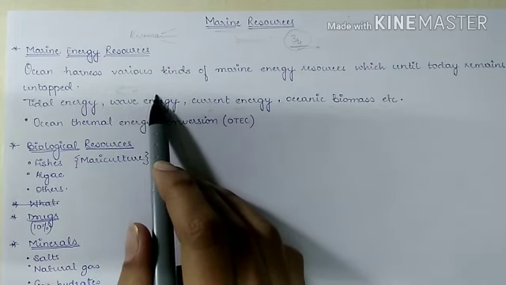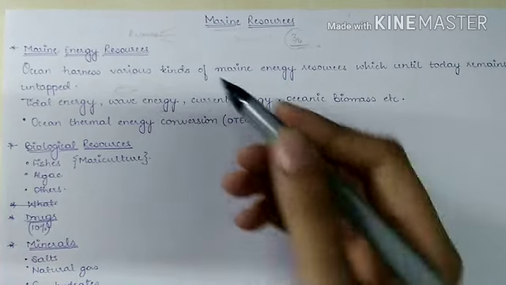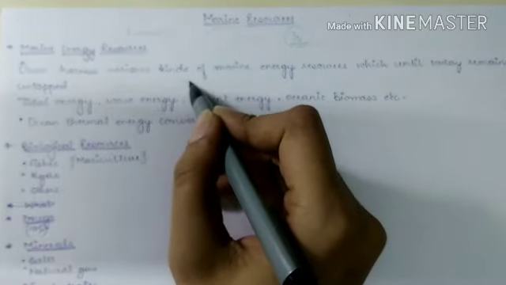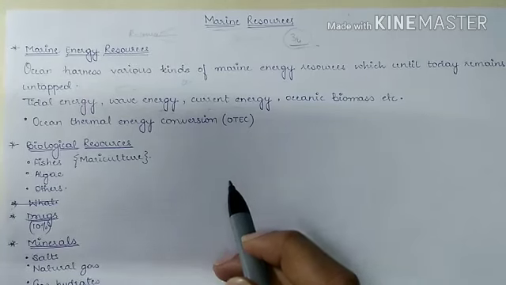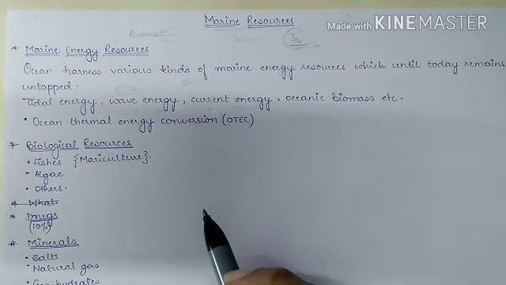These are various types of energies that the ocean provides us, but we don't have the technology to access these energies. Okay. Now as we see, oil, gas and petroleum have become scarce and more costly, and they also pollute the environment.